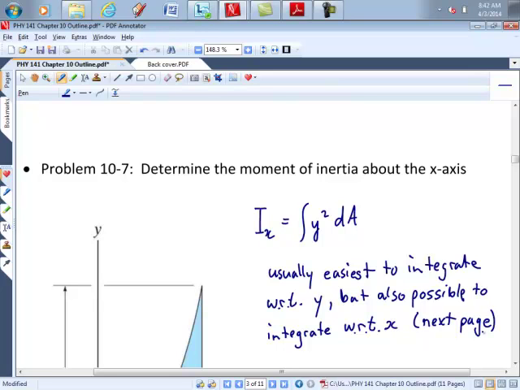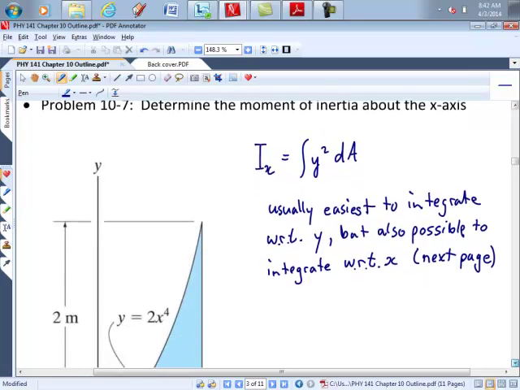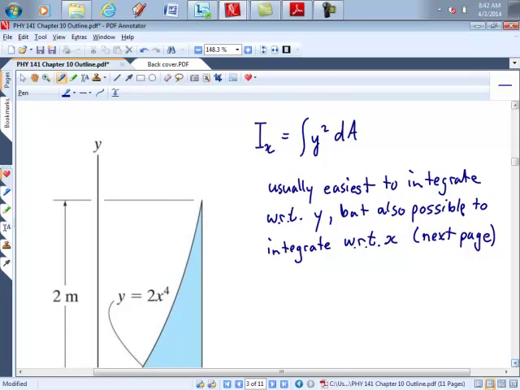So if we're integrating with respect to y, what are my dA's going to look like? Well, whether I'm integrating with respect to x or y, they're both going to be little rectangles.